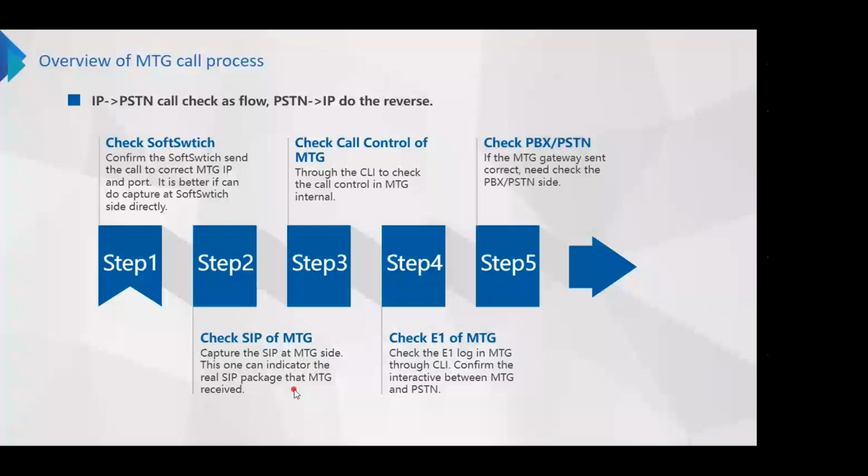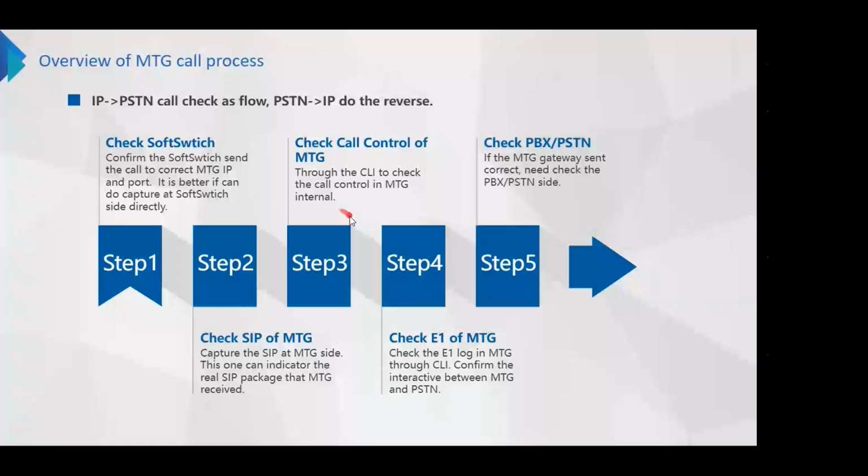Now step 3, once the call is coming, if you suspect some problem in call control, you can check the call control module. Make sure you check the call control or CC module here.